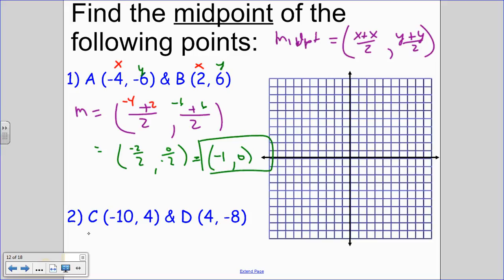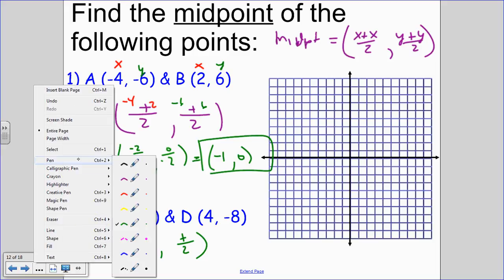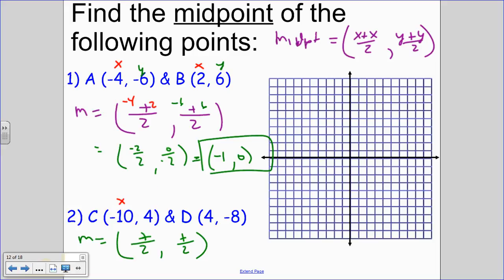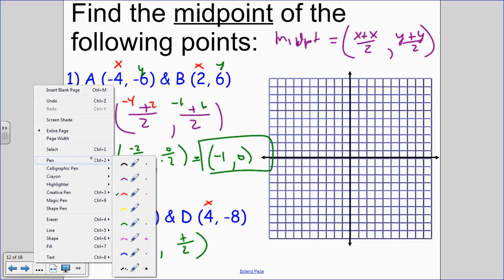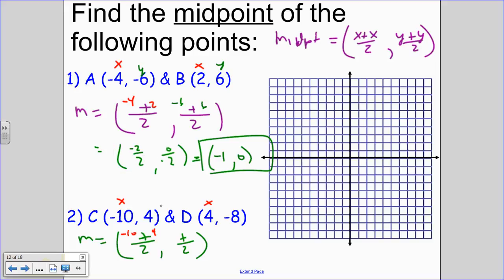Do the same thing for number 2. Same formula, same skeleton. This time the x's are -10, +4. And the y's are +4, -8.